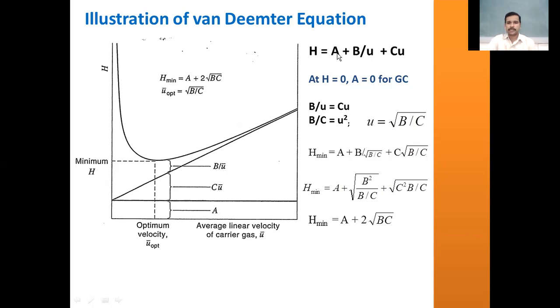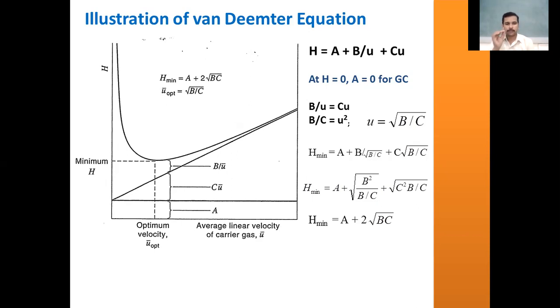So if you consider eddy diffusion term A, it is independent of mobile phase velocity. Therefore, even if you increase the mobile phase velocity, there is neither increase nor decrease in the plate height. It is dependent only upon the particle size of the stationary phase and consistency of the packing.